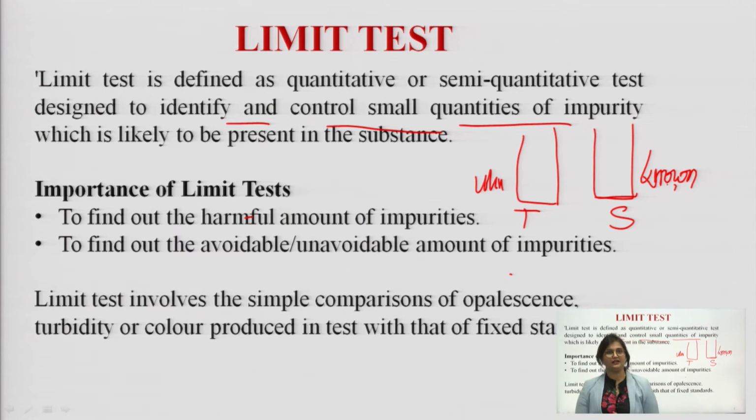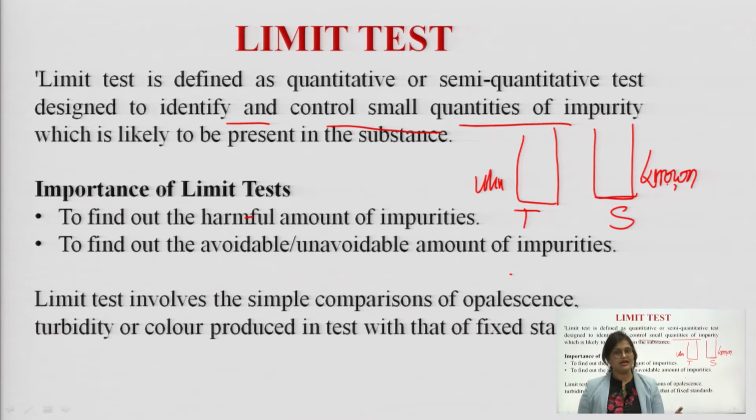It is defined as a quantitative or semi-quantitative test designed to identify and control small quantities of impurity. By small quantity I mean, our standard value is already mentioned in the pharmacopoeias.